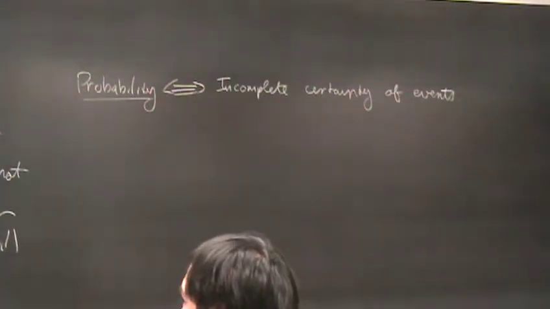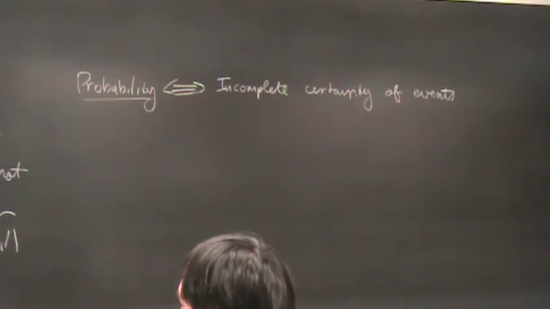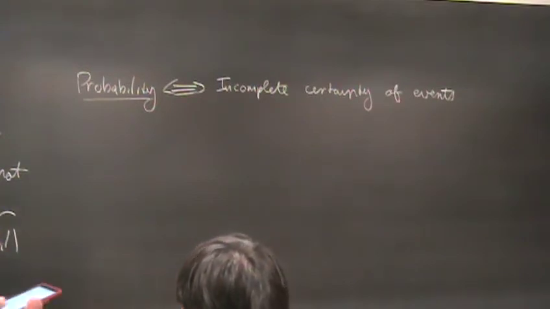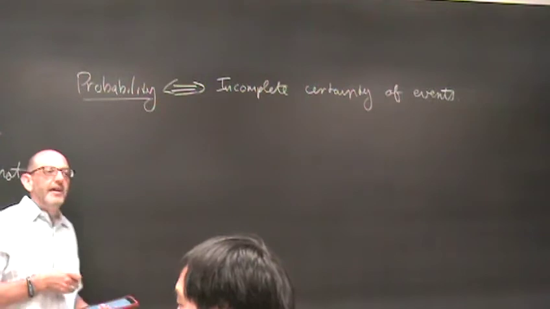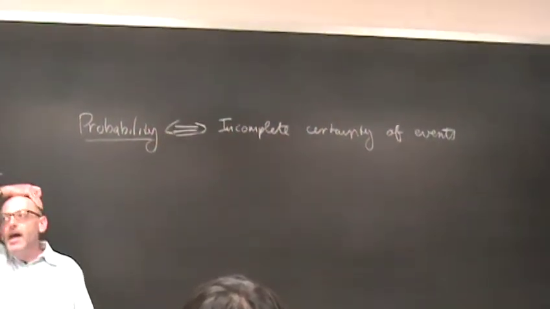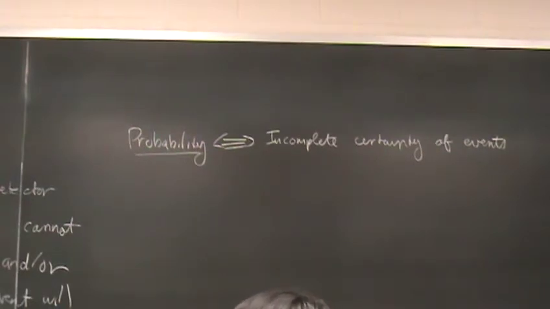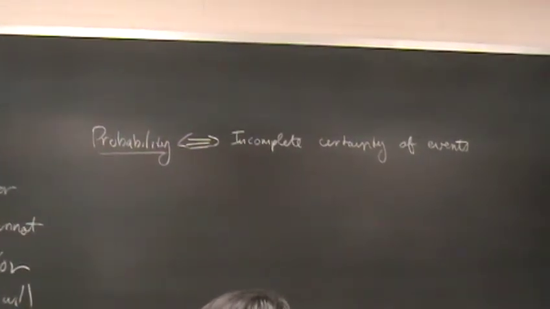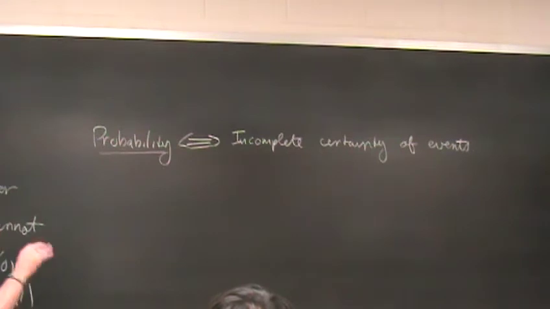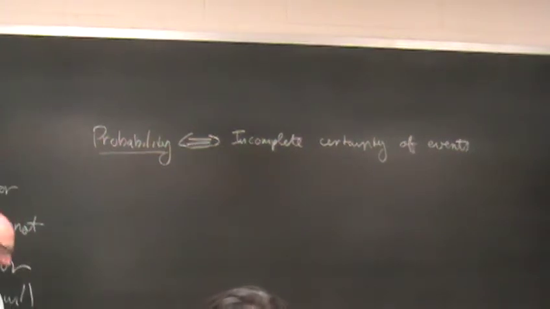The frequentists don't have a hero, so they don't have a named person associated with them. But the subjective probability school does have a hero, it's Bayes. And well, that question of objective versus subjective probabilities is something we'll touch upon when we get more deeply into trying to understand what quantum mechanics means. But for the moment, I'll just say, if we have incomplete certainty, we assign a probability to an event.